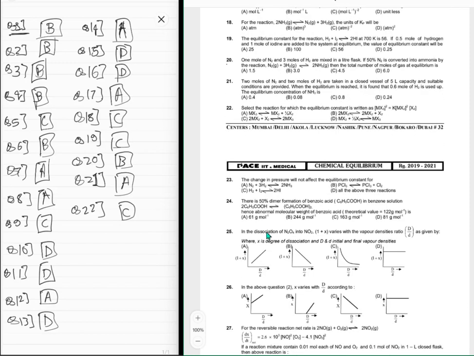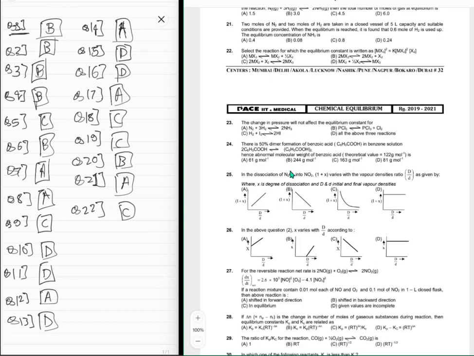Okay, next. The change in pressure will not affect the equilibrium constant for this reaction. It does affect it, right? Because, yeah, they mean change in total pressure. How do I explain what I want to say?